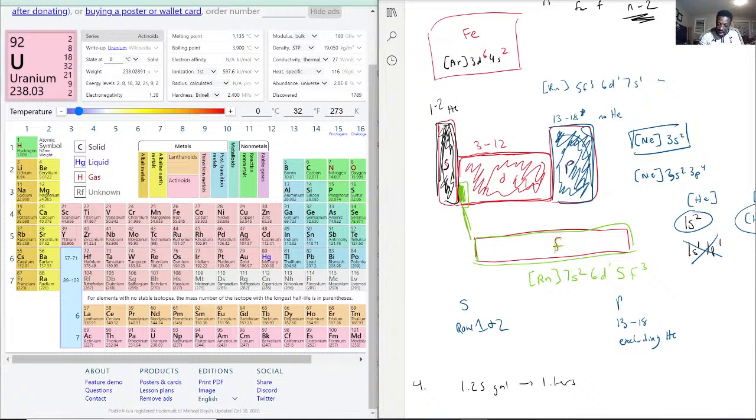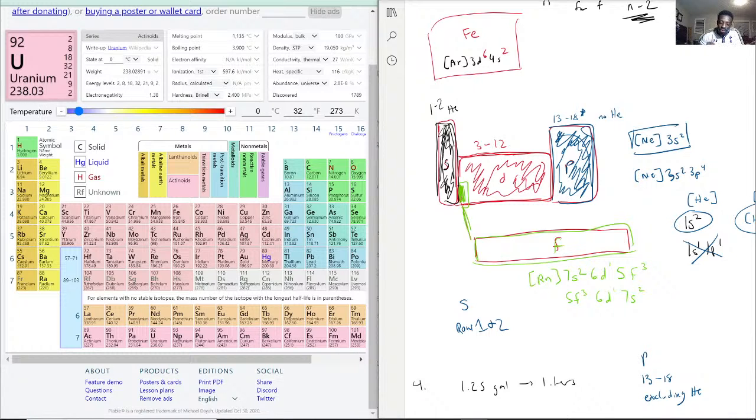So that would be the actual correct one. There are probably more ways in terms of how they prefer their shells to be filled, but it would go 5f3, because we want to make sure it's in order: 6d1, 7s2.